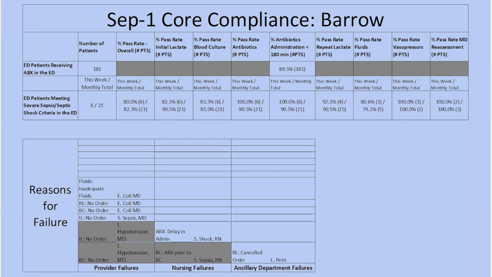I will tell you this is fake data that's in here because as you see from the bottom, we do show their failures, and we also attribute that to a provider or nurse depending on which one it would fall to, as well as if it's an ancillary department, because occasionally we might have a lab or a pharmacy or maybe even respiratory input into that failure.